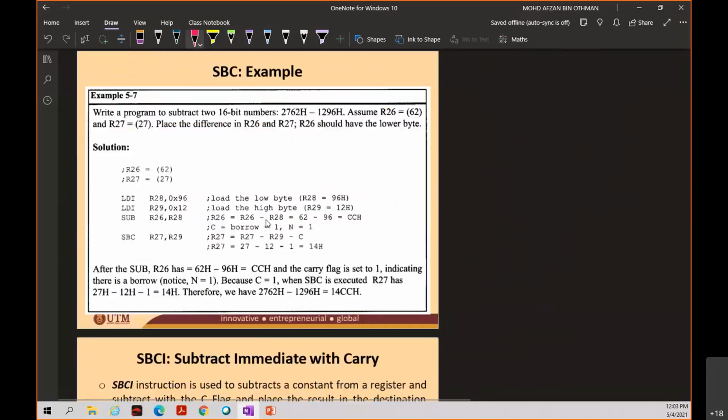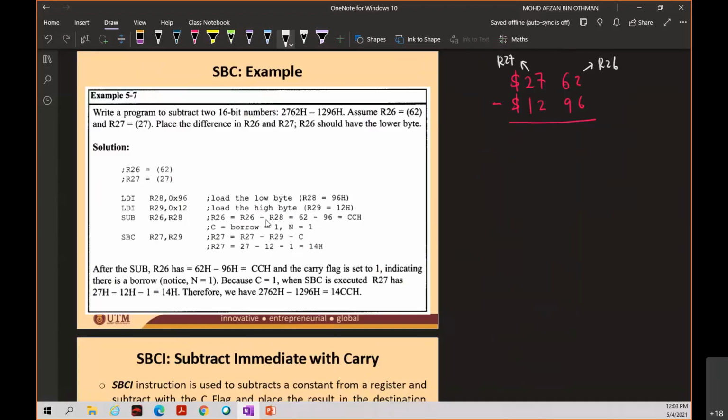You're going to write a program to subtract two 16-bit numbers. You have 2762, and you're going to subtract 1296. Assume that R26 already has 62, and 27 is already inside R27.